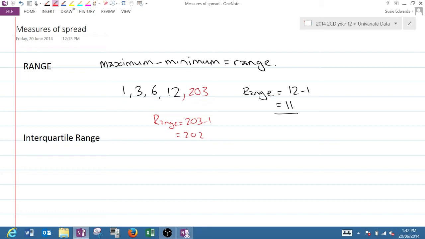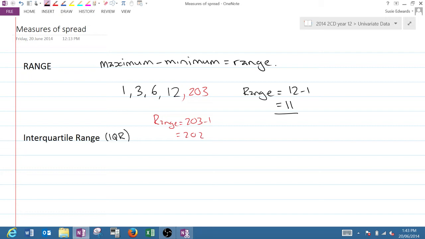Alright, so interquartile range. From now on, I'm going to say the IQR, and we're going to write IQR all the time. Once again, the interquartile range is a number. It's not two numbers. It's one number.